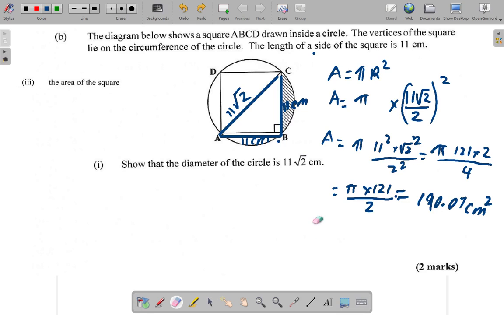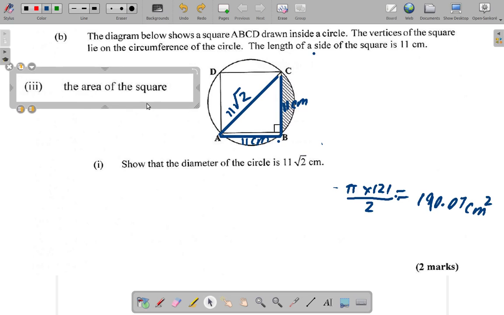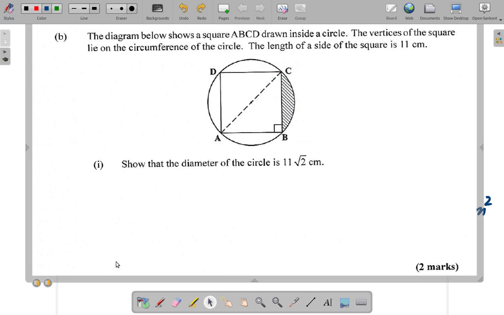I don't think we're going to use it in the next part. Let's get rid of these things to make some space in case we need a space over here. So the next thing they ask for is the area of the square. Let's write it here. Area of the square.